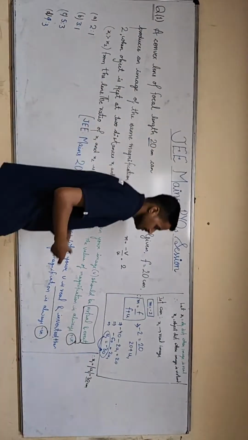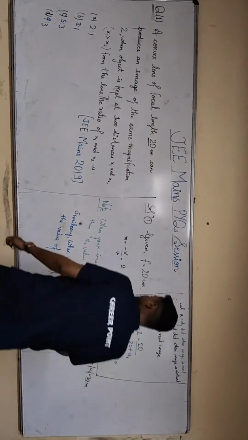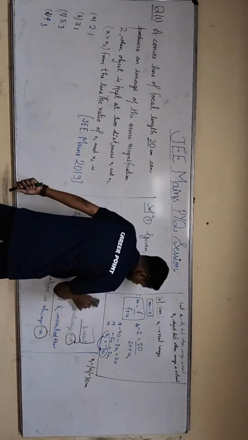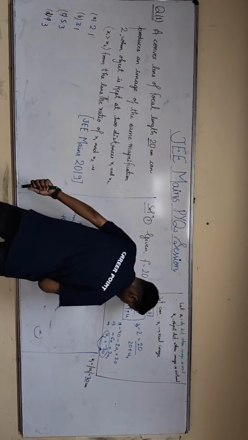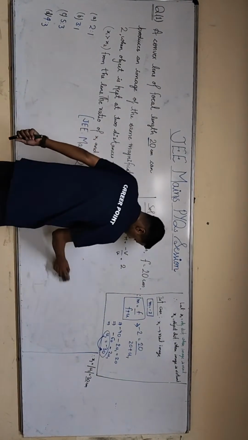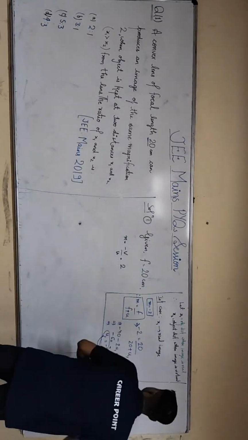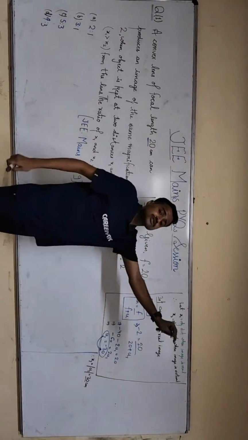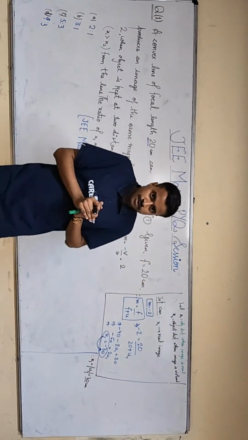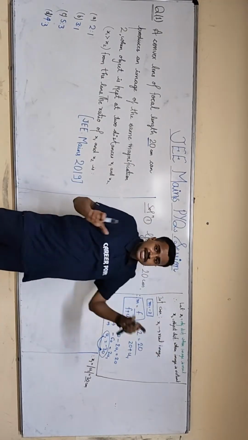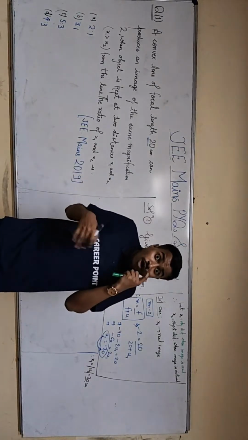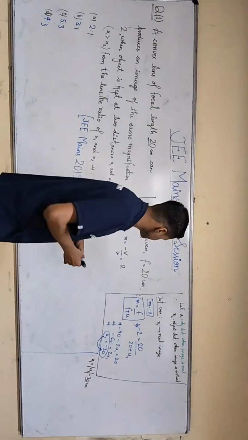So we make a second case, I hope you have noted it down. In this case, your image will be virtual. In the first case, your image is real. When your image is real, the sign of magnification is negative. But in this case, your image is virtual, so your magnification should be positive.